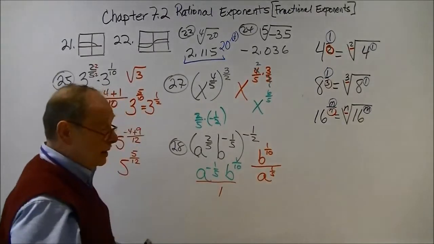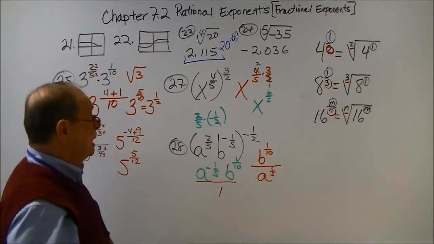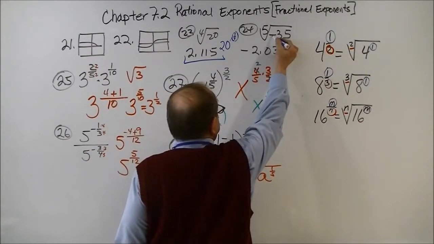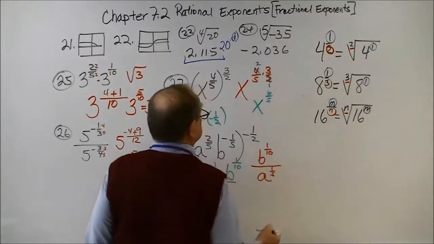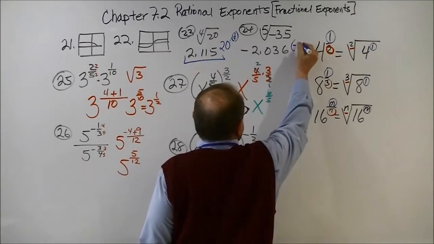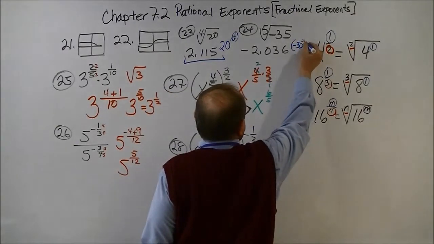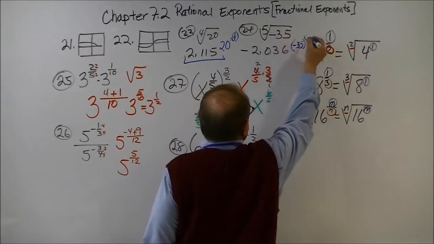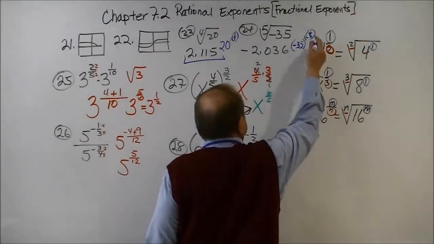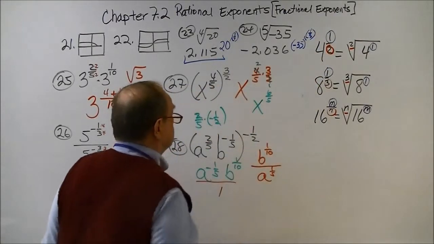Now you should try these ahead of time to be sure you're getting the right answer. And remember, when you put that in a calculator, you have to watch how to enter the negative sign. So this would be a negative 35 caret 1 divided by 5, and then enter. And you should get this.